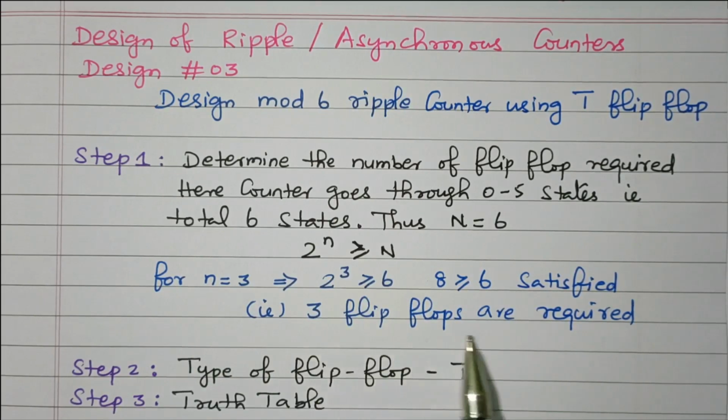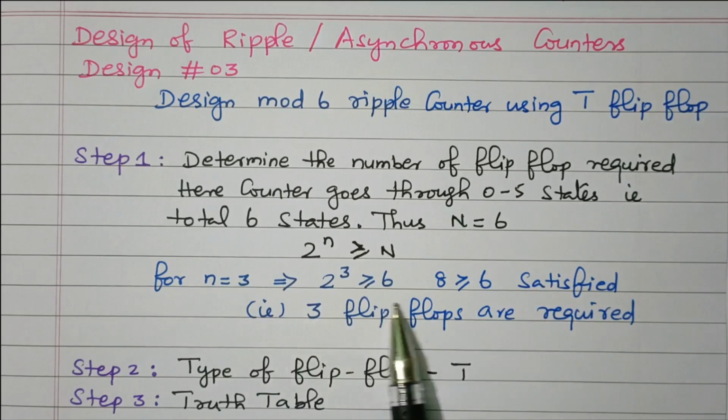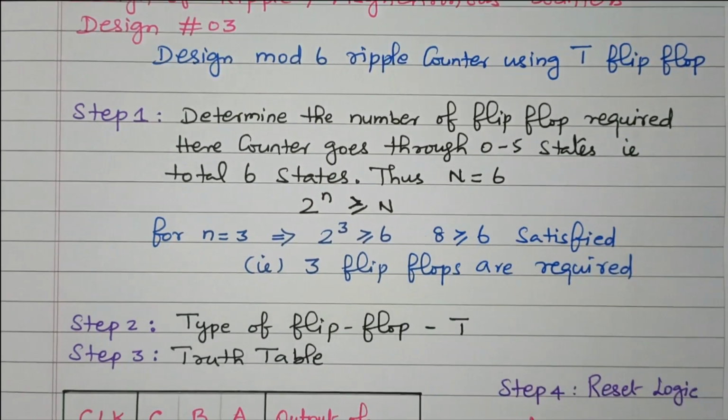So 3 flip-flops are required. We identified that 3 flip-flops are needed. Next we need to find the type of flip-flop. In this problem itself it is clearly given T-type flip-flop. If it is not mentioned, we can use any type of flip-flop.